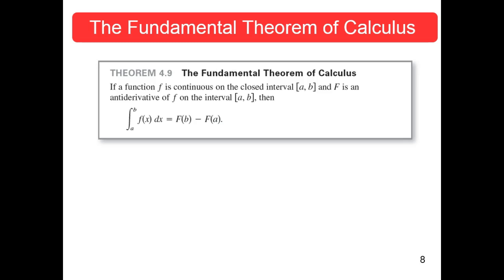Then, if you do this integration, integral from a to b of little f of x dx, do the antiderivative, capital F, evaluate it first at the upper limit, and then subtract from that at the lower limit. This is what I was doing for you earlier. I said, look, we haven't done it yet, but this is indeed what we do.